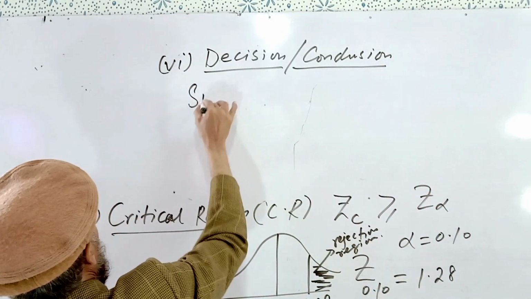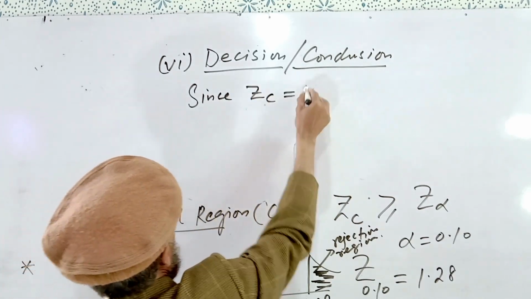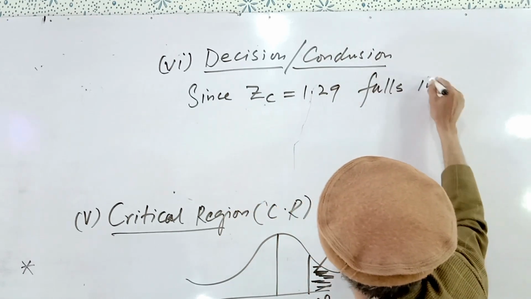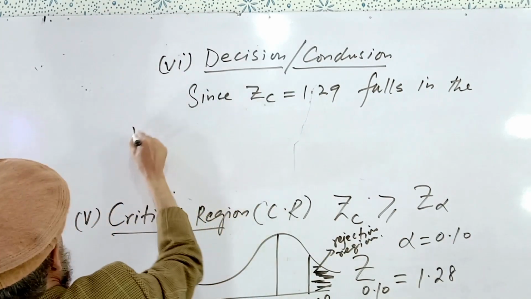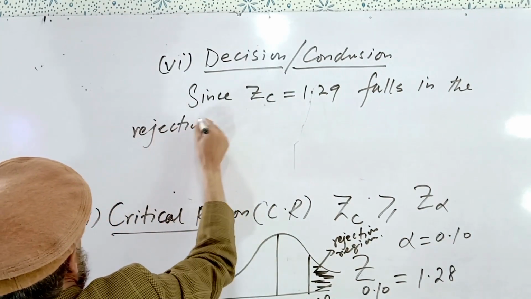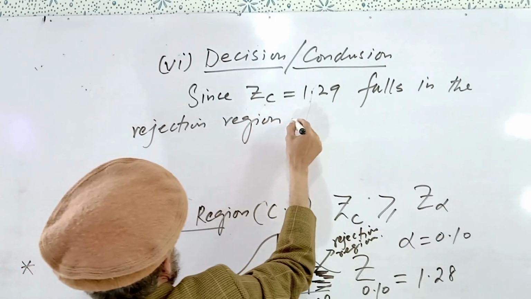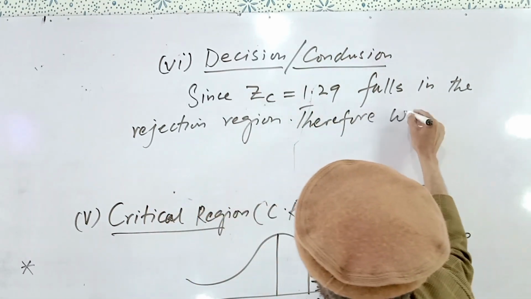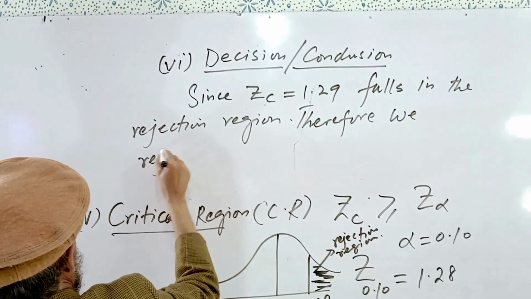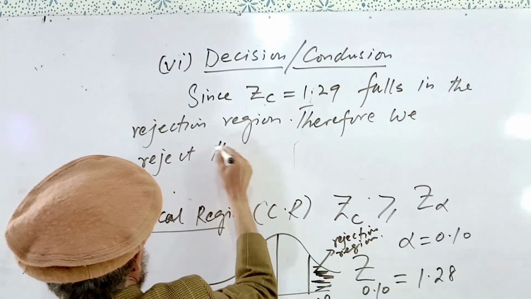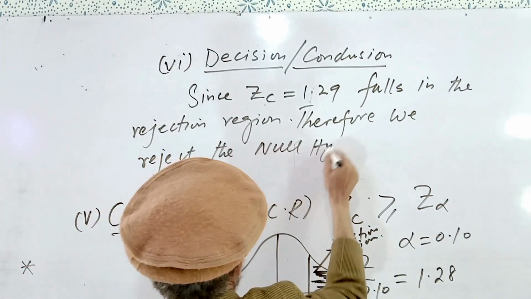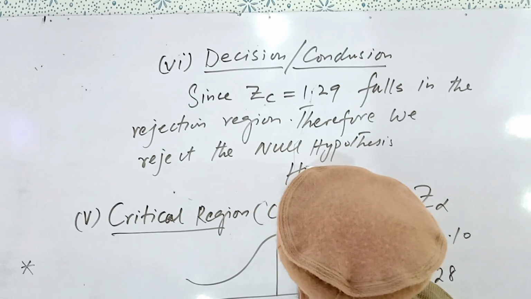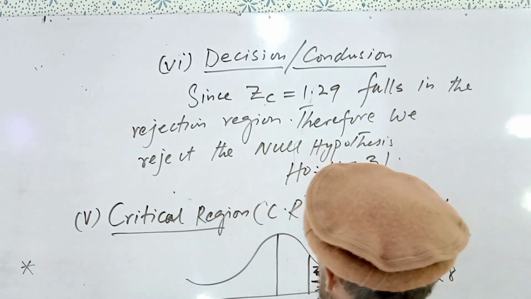Since Zc is equal to 1.29 falls in the rejection region, therefore we reject the null hypothesis, that is, mu is not equal to 31.